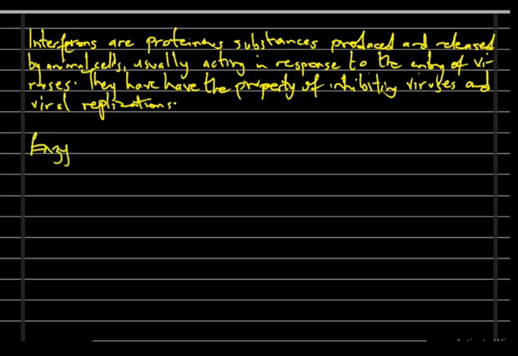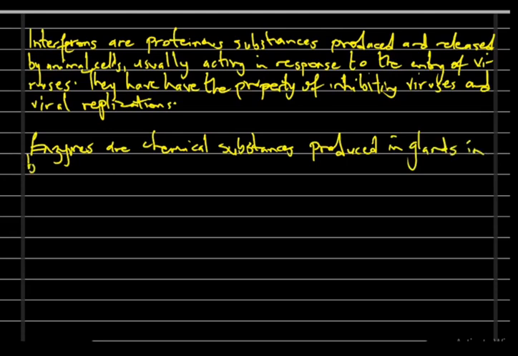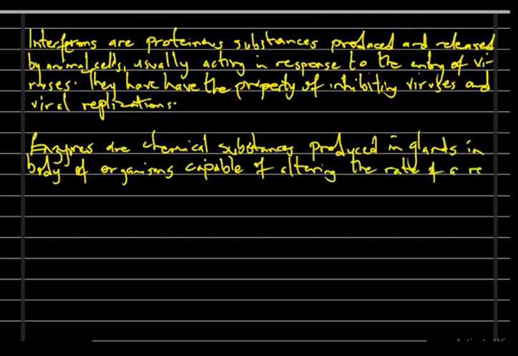Enzymes are chemical substances produced in glands in the body of organisms, capable of altering the rate of a reaction or bringing a reaction to completion.